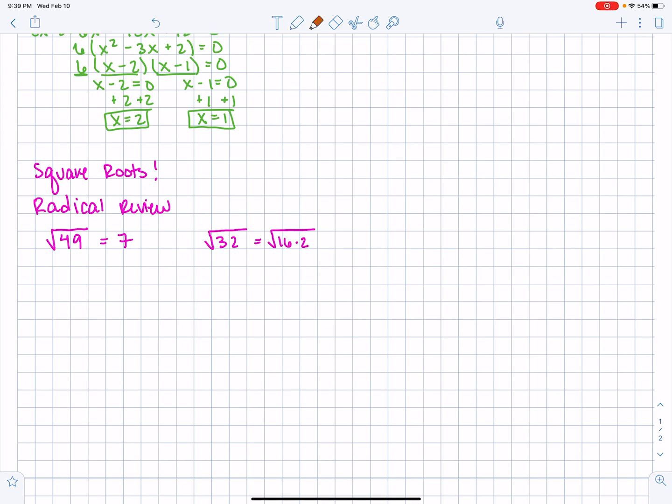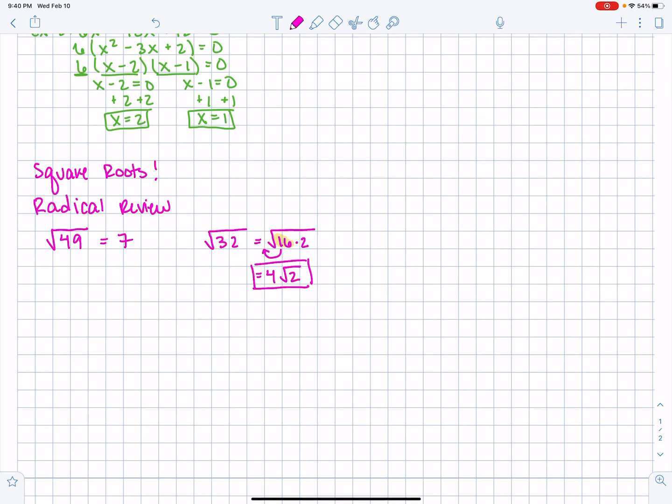And we care about this one because 16 is a perfect square. So we take that 16 out of the radical, and 16 square rooted is 4. So we say 4 root 2. And we just want to remember to simplify those guys. So 4 root 2.